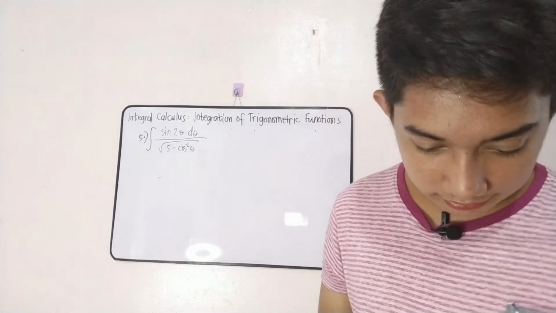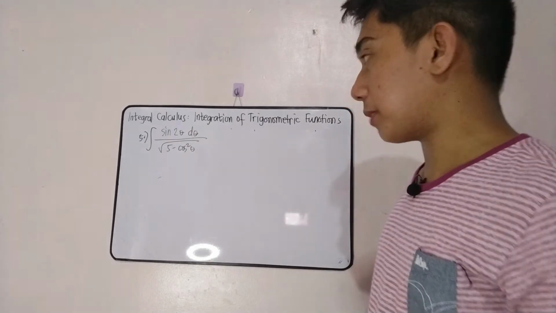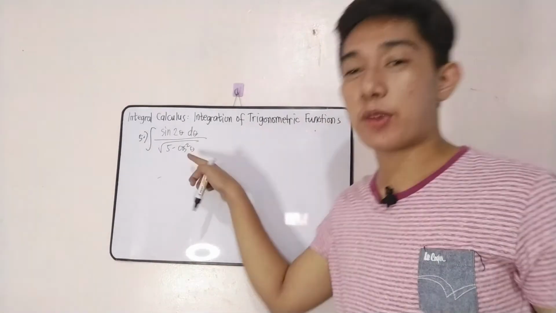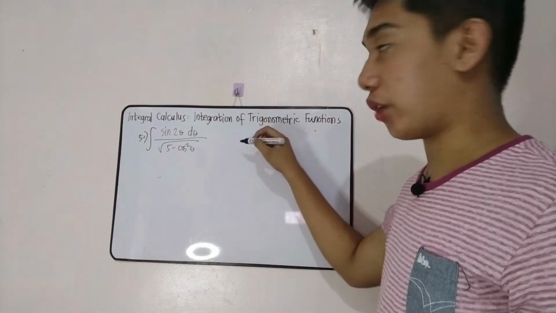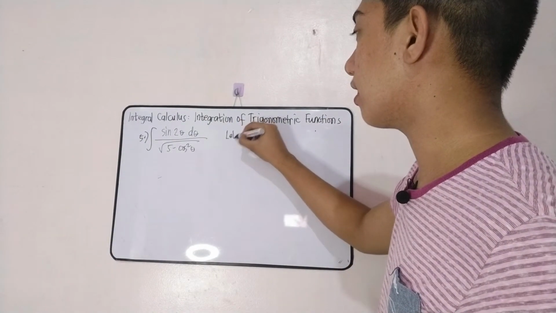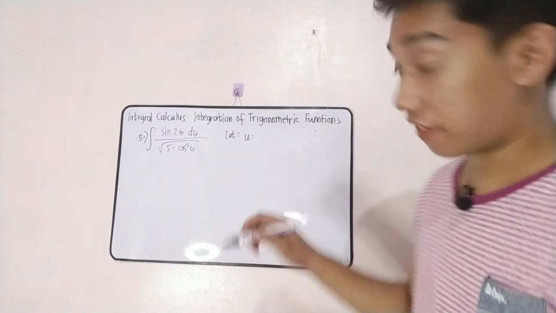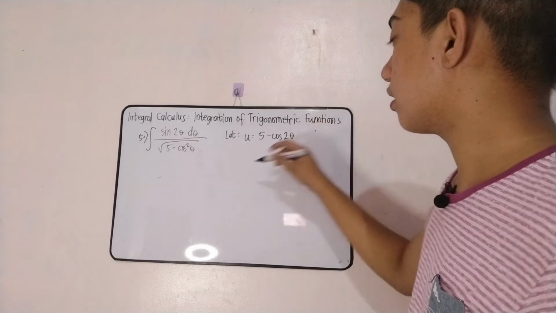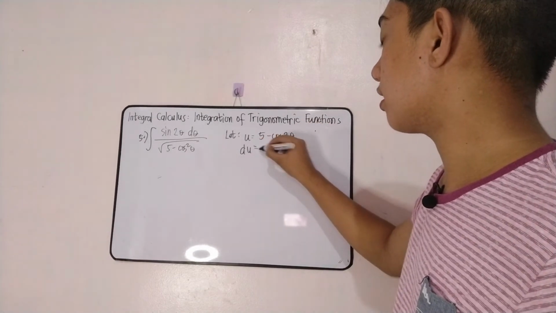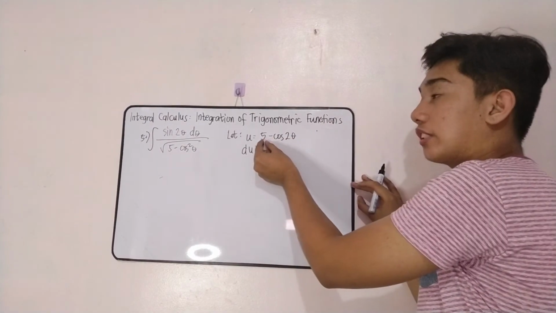So, what are we going to do here, guys? First, it is easier, again, to use a substitution, because the original is difficult. So, to simplify the equation, let u equal 5 minus cosine squared theta. Then du is, this is a constant, right?